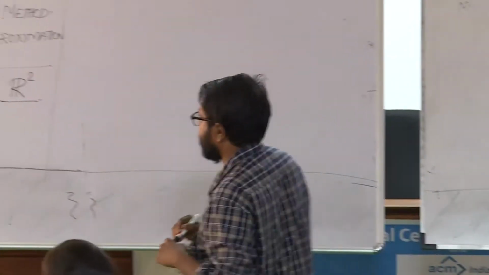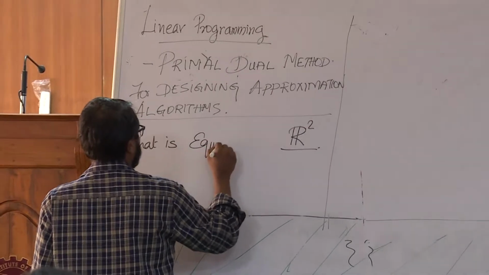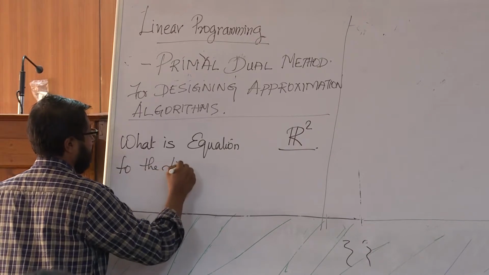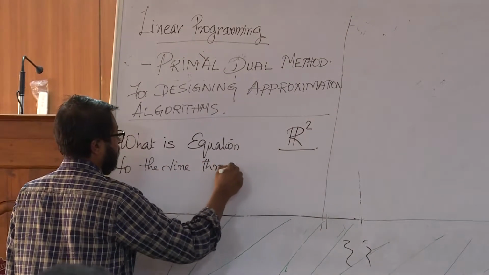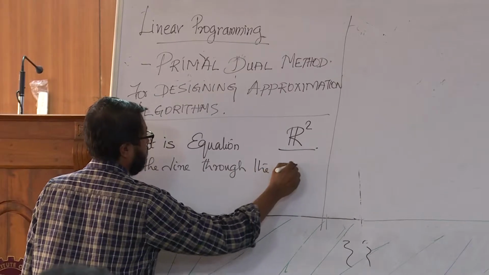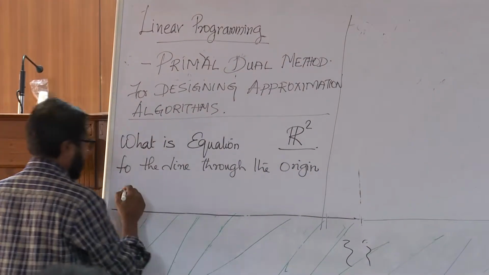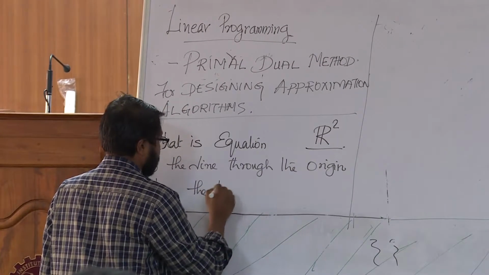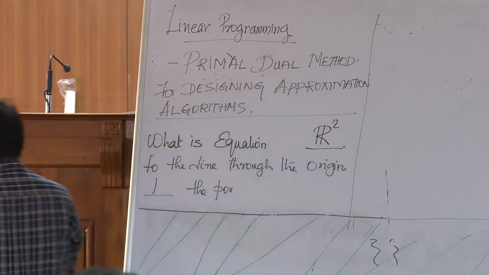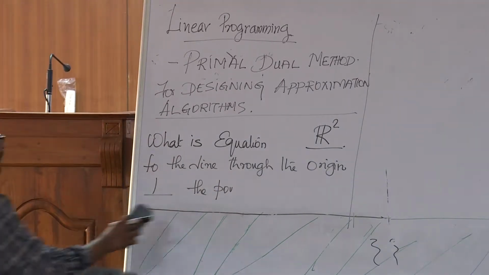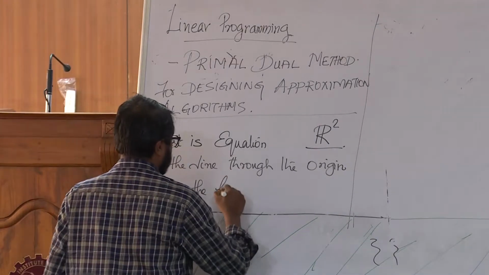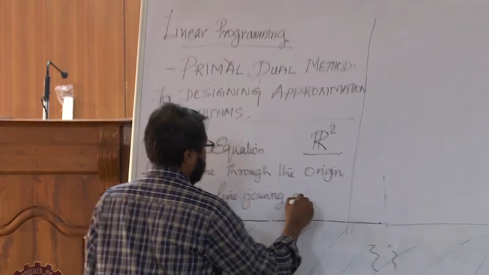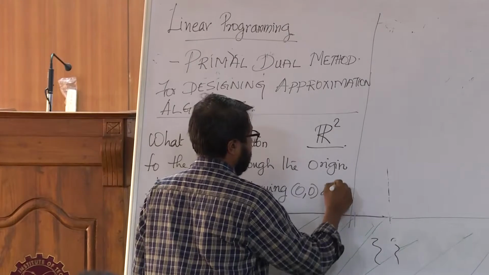What is the equation to the line through the origin perpendicular to the line joining 0, 0 and say 1, 2?